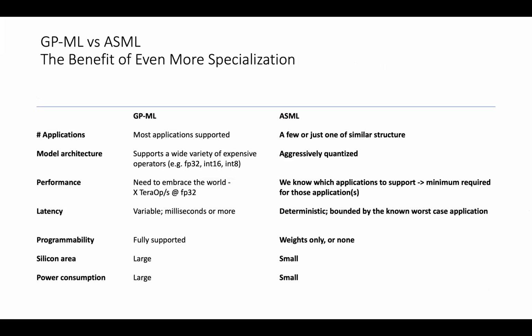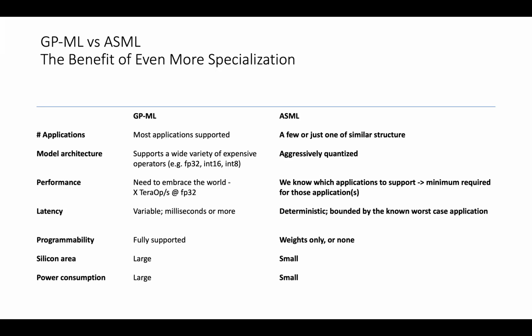So just to contrast general purpose ML and application-specific ML, general purpose ML can be used in several types of applications, while ASML can be used in one or a limited number of applications. Model architecture supports different types of models, different types of arithmetic models. And in ASML, I'm talking about a model that is aggressively quantized.